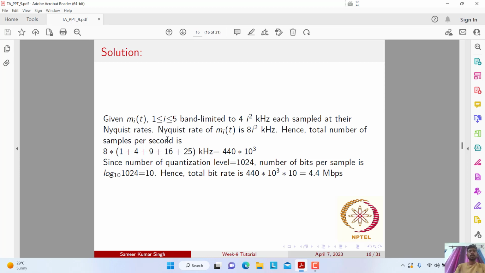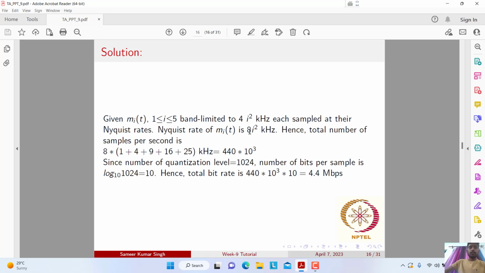The Nyquist rate of mi(t) is 8i kHz, because the Nyquist rate is 2 times the frequency. So the total number of samples per second is 8 times the sum of i squared for i from 1 to 5. For 1 it will be 1, for 2 it will be 4, for 3 it's 9, for 4 it's 16, and for 5 it's 25. We add them and multiply, and it comes to 440 times 10 to the power 3.